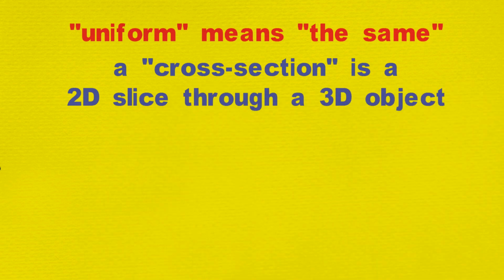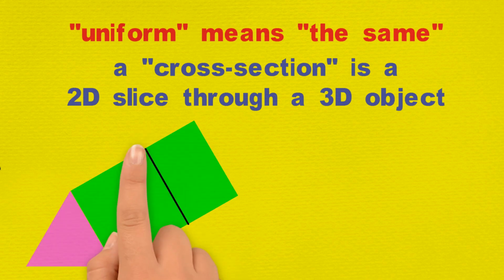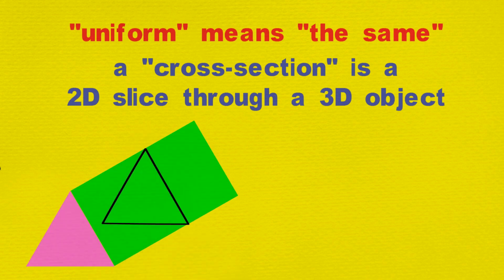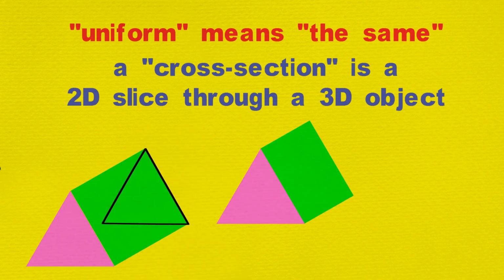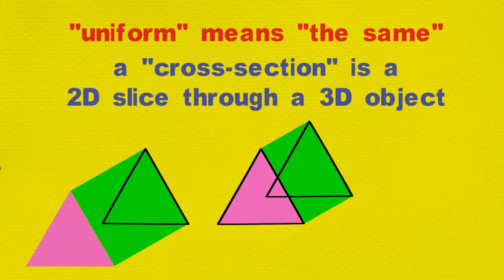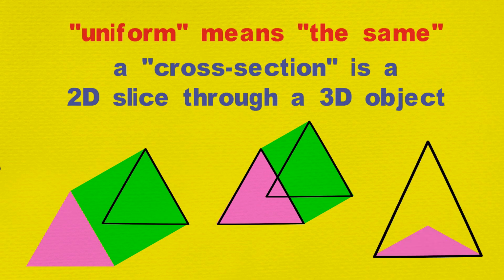So, when we slice through this triangular prism, parallel to the bases, the cross-section will be exactly the same triangle as the base all the way along the prism. Pyramids do not have a uniform cross-section because the cross-sections get smaller as we slice through closer to the apex.